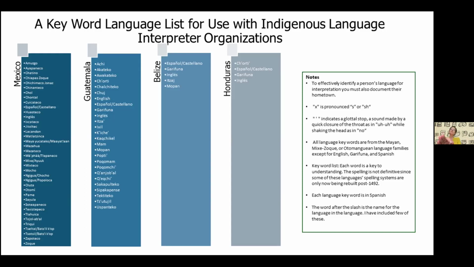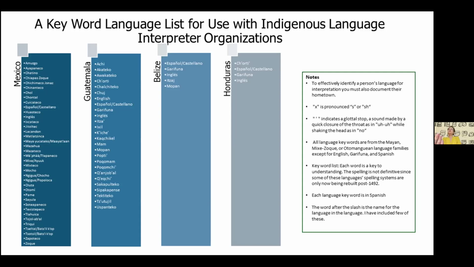Another thing I want to point out is that I've listed these languages all in Spanish because that'll just be easier for everyone. There's also a word for the language which is used when you're speaking the language.